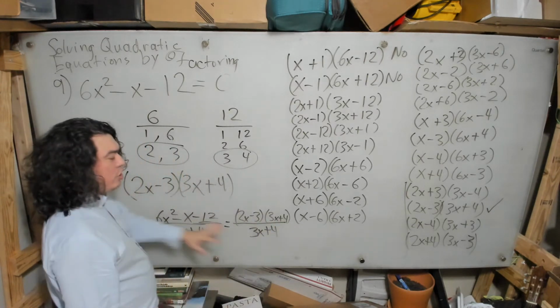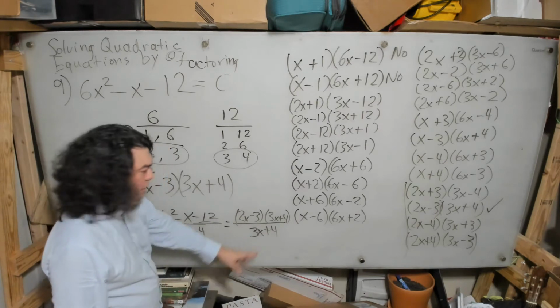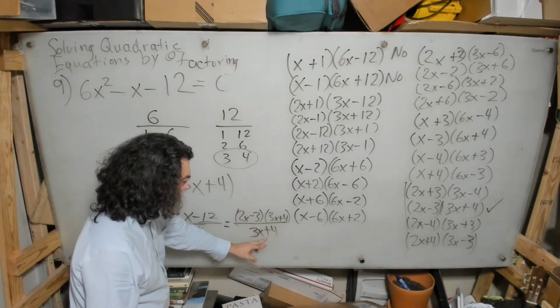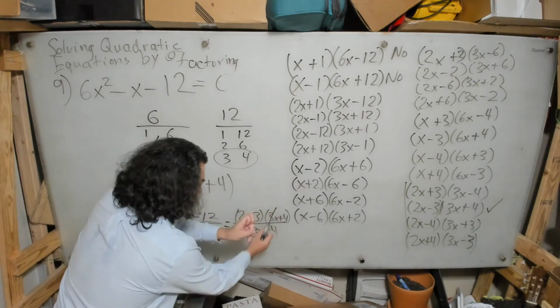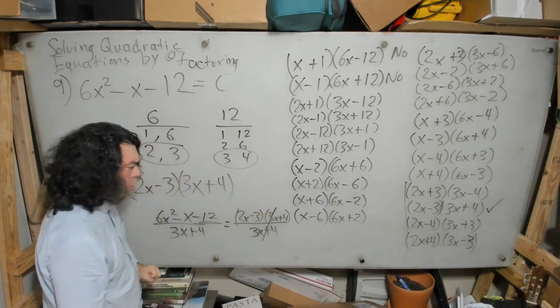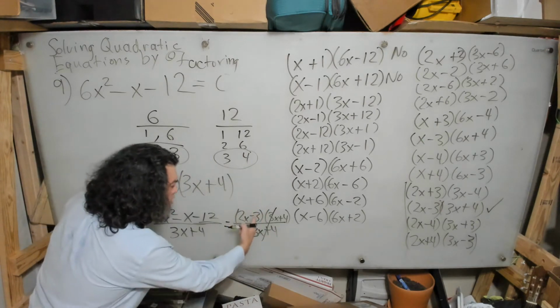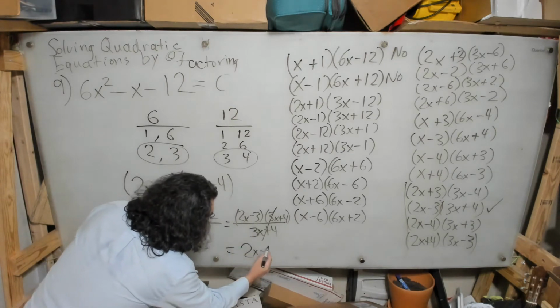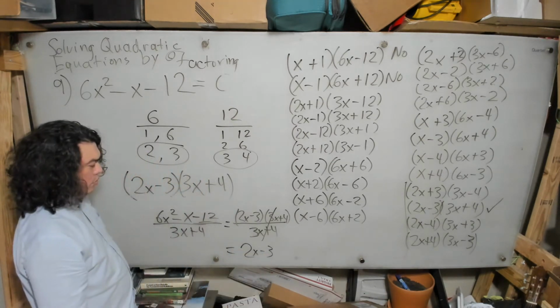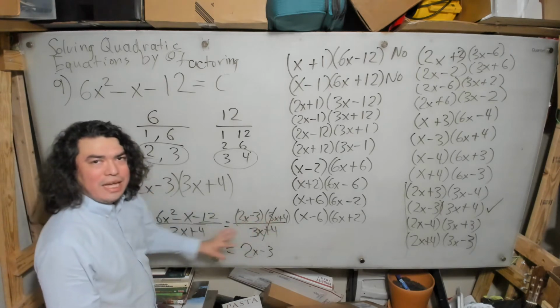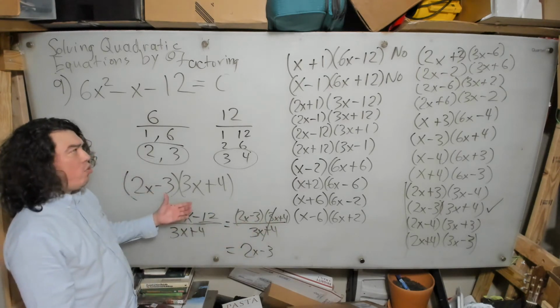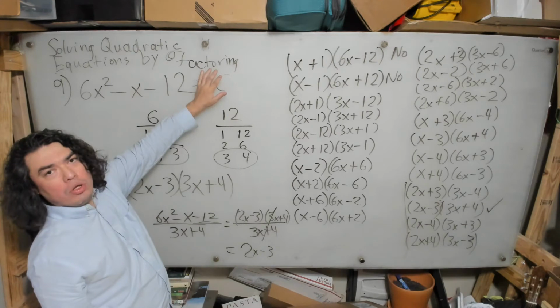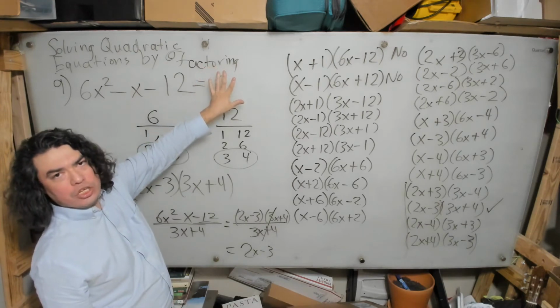Then, just as if we had numbers, if we have the same factor on top and bottom, we can cancel them out. We would be left with 2x minus 3 over 1, or in other words, just 2x minus 3. So we're going to see things like this later, where factoring will play a role in a non-equation context.